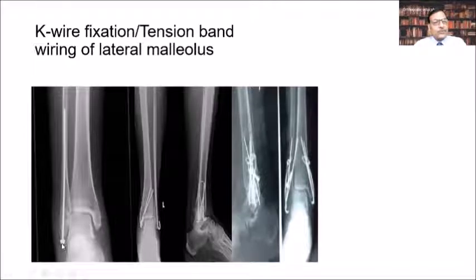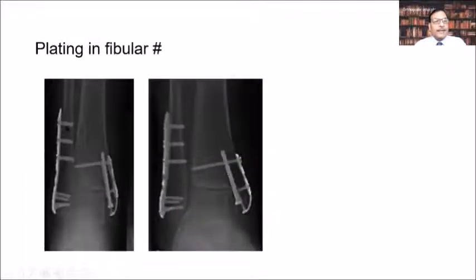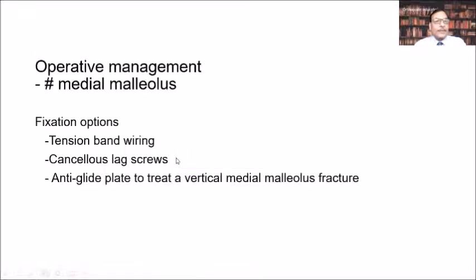Sometimes, not so often done, but the K wires. Can you see this K wire, long K wire? Here long K wire is going. Long K wire does not usually fix nicely, but to finish the job early, people do it. Plating is a choice, you can do the plating.